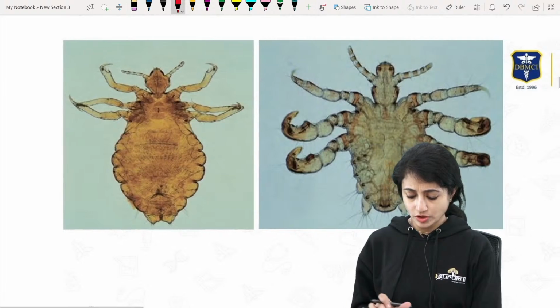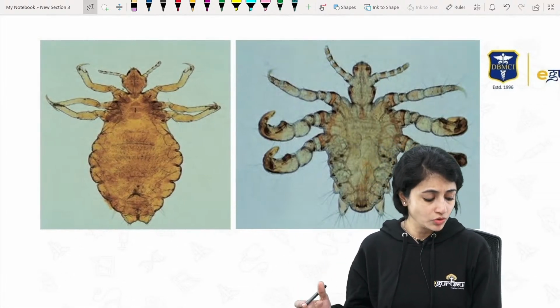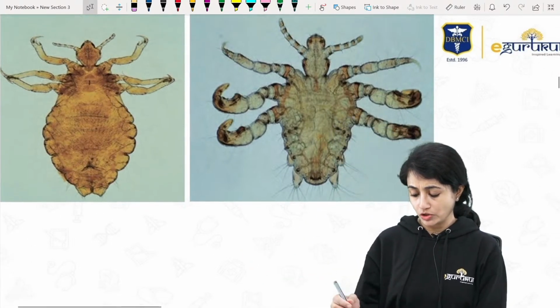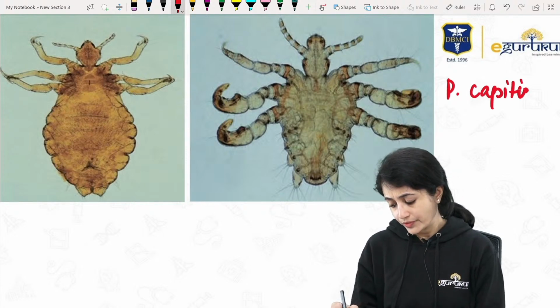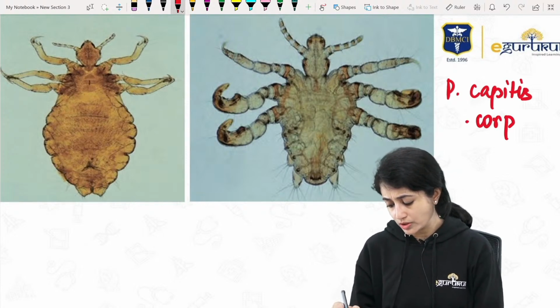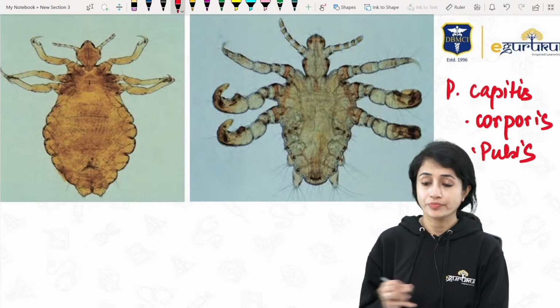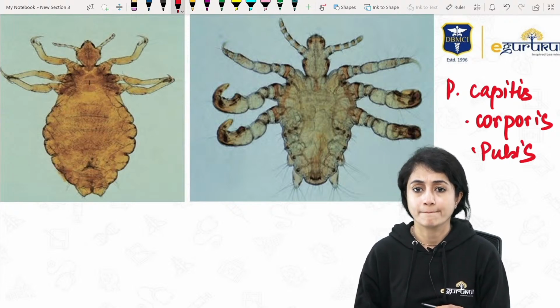There are 3 kinds: pediculosis capitis, corporis, and pubis.